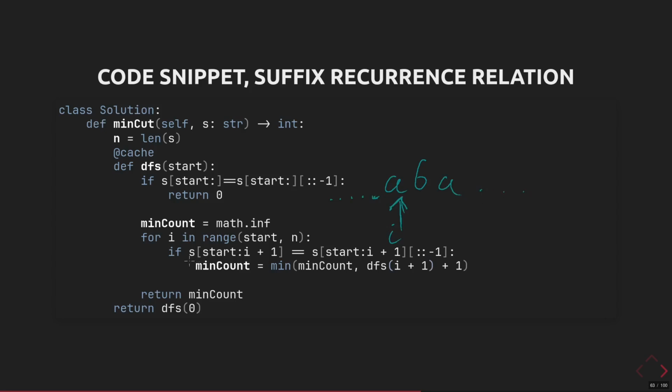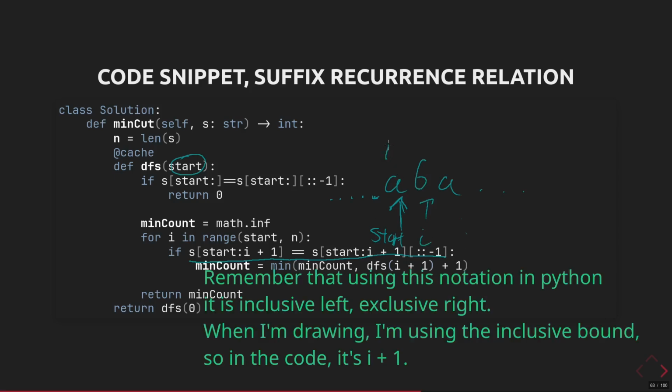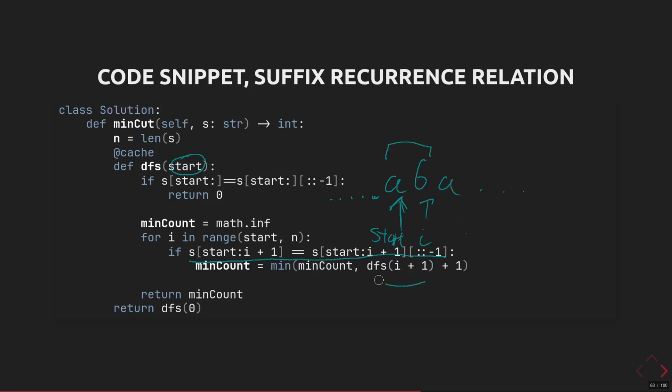So if I start at start and go to i, I want to start at this index where we have B. If this is a palindrome, then I get to recurse down. If it's not a palindrome, I don't get to do that.